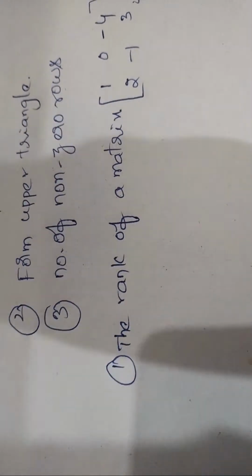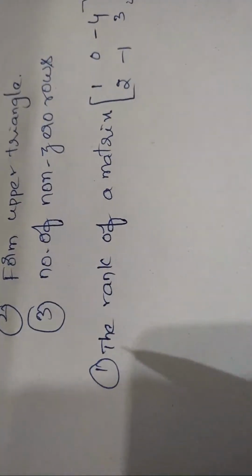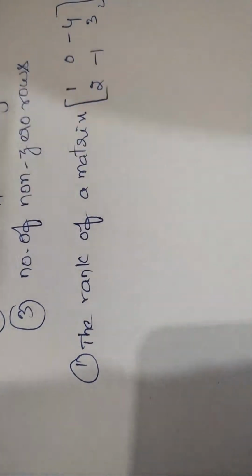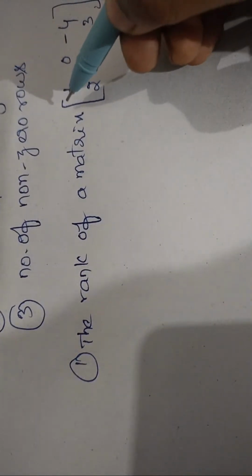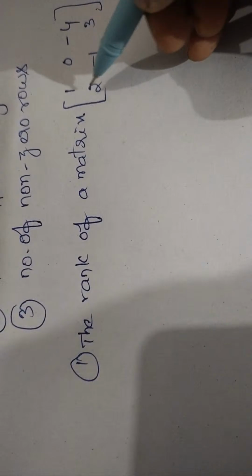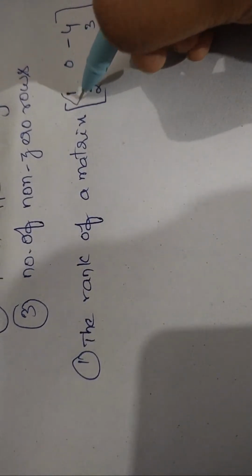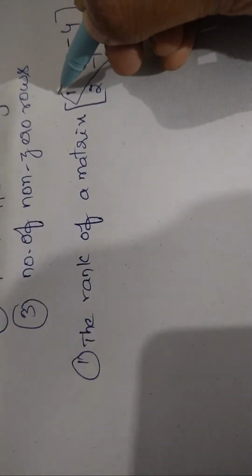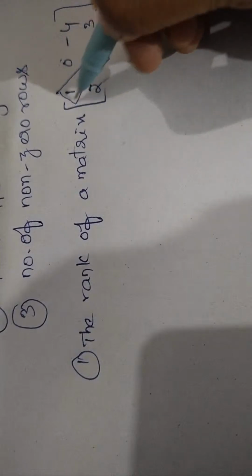The first rule I told is row operation, and the second rule is to form the upper triangle. So here I will select the diagonal of this 2 by 2 matrix.